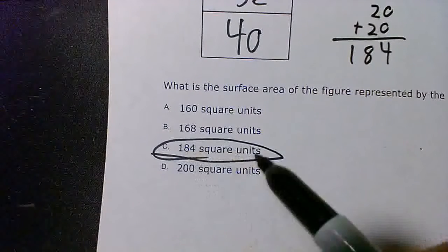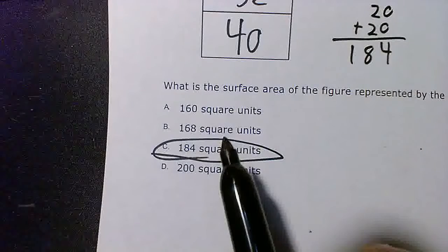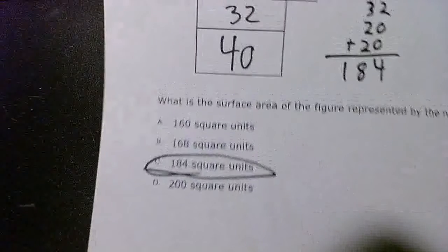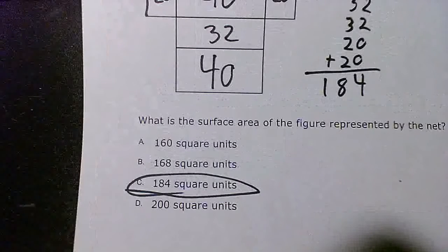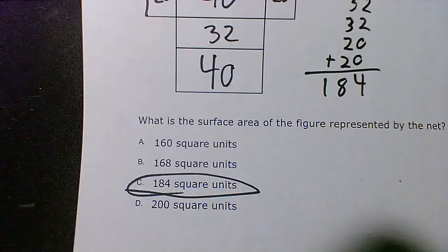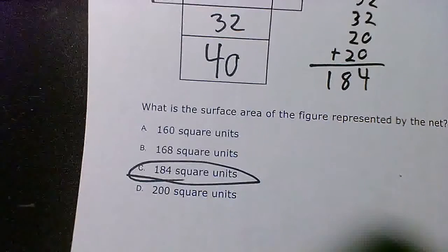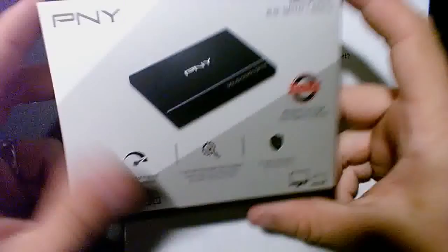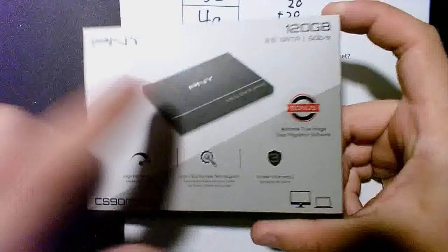Now, the reason that this is called square units instead of cubic units like we would with volume is because we are not finding how much space fits inside of something, but instead we are finding the dimensions of the outside portion of a box. As a matter of fact, a good example would be this box.